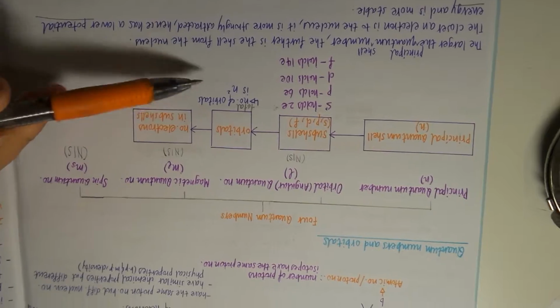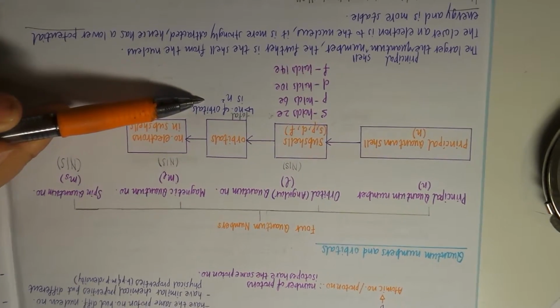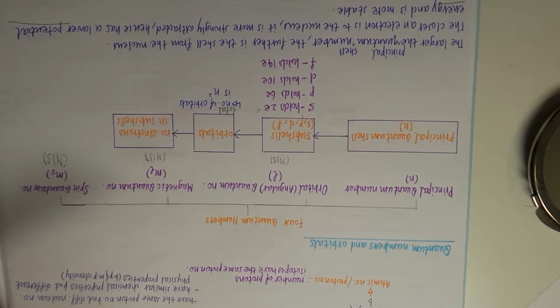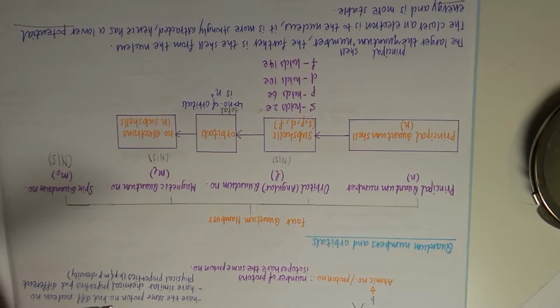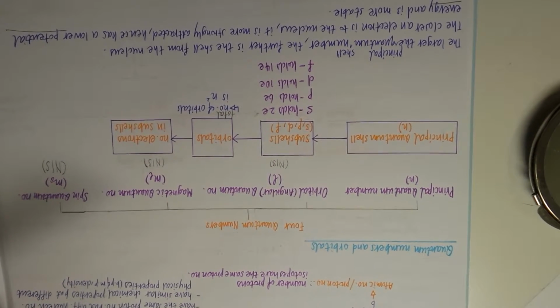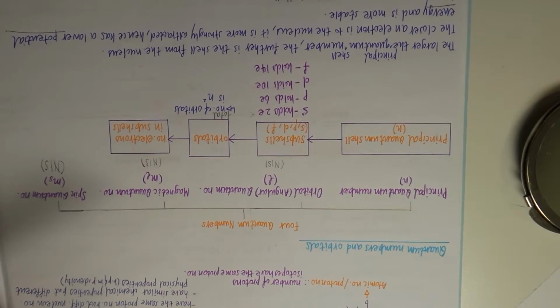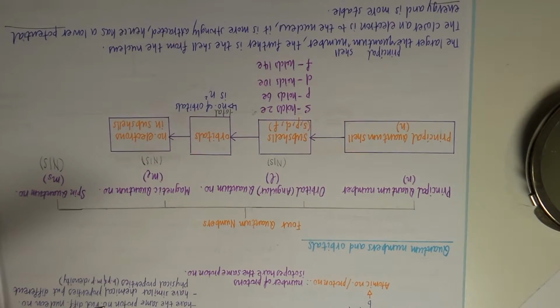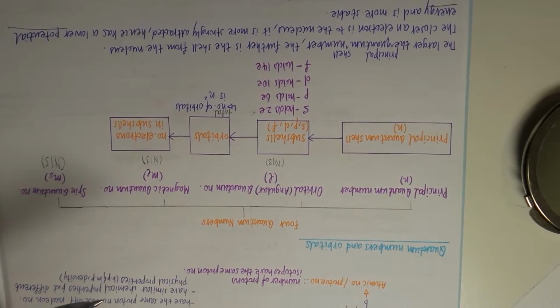The number of orbitals will be calculated using the principal quantum number. For example, if the principal quantum number is 1, the total number of orbitals will be 1. But if the principal quantum number is 2, then the total number of orbitals will be 4.